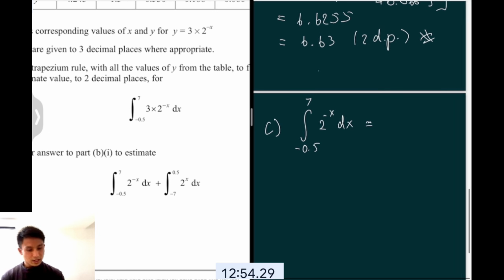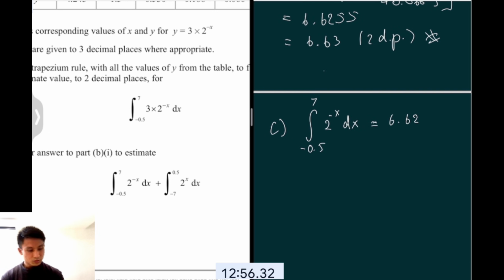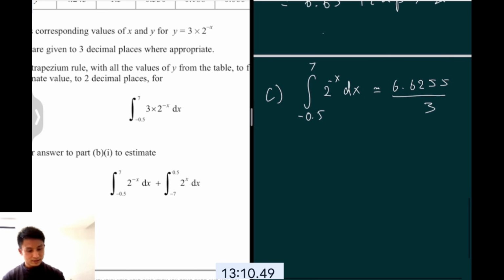So you're just going to take the 6.6255, the more precise number, and divide by 3. Because the one we had before from the trapezium approximation is just 3 times, so we divide by 3 to get just the integral of 2 to the minus x.